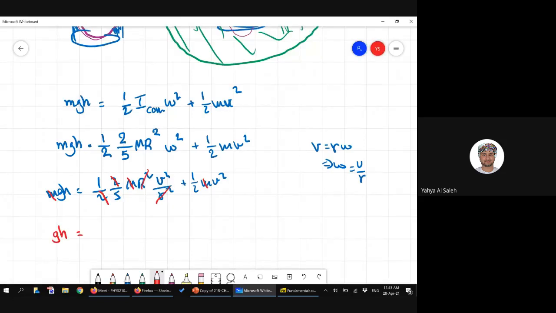And we end up with gh equals V squared over 5 plus V squared over 2.